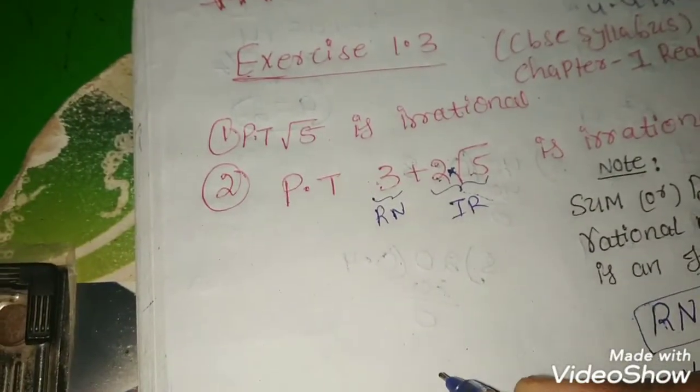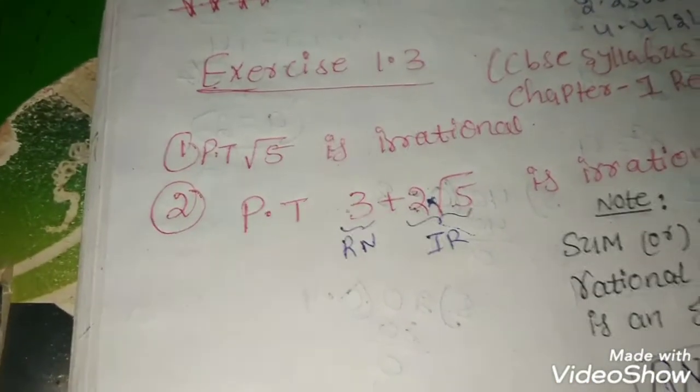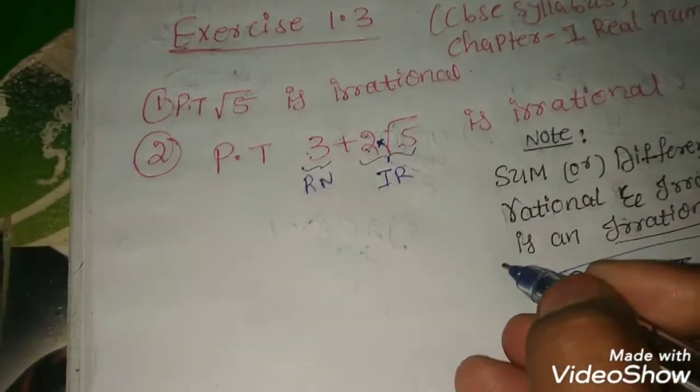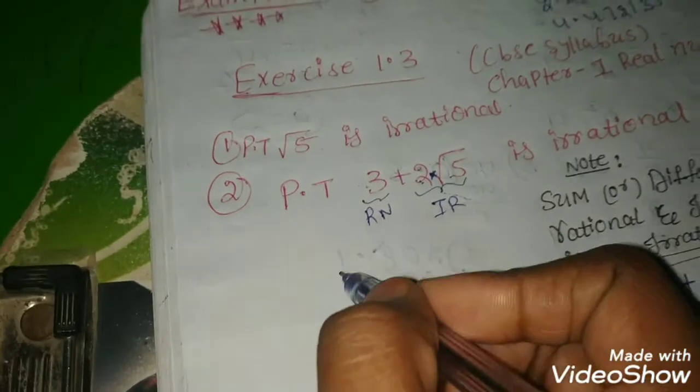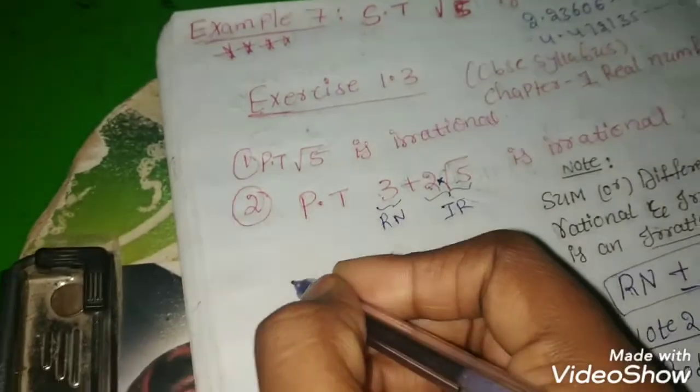3 plus 2 root 5 is an irrational number. The same process we are doing here.